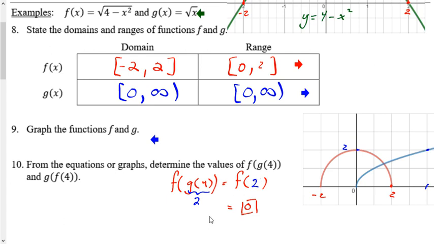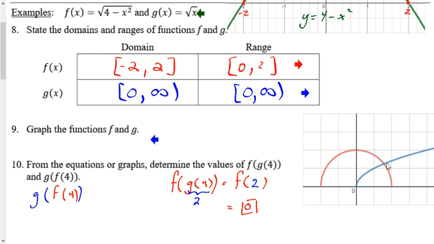Let's look at the two functions flipped. So now if I have g of f of 4, I'll be a little more careful with my colors this time. And maybe I'll erase this stuff over here so we can start fresh.